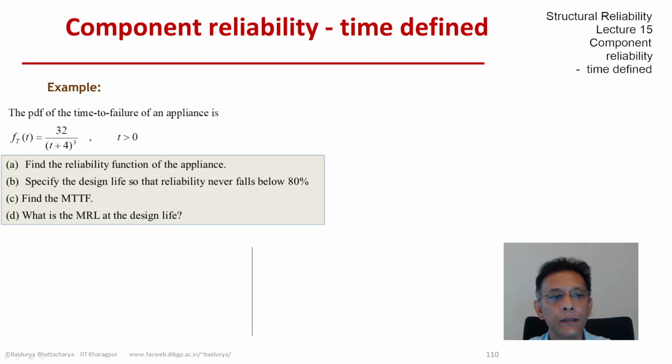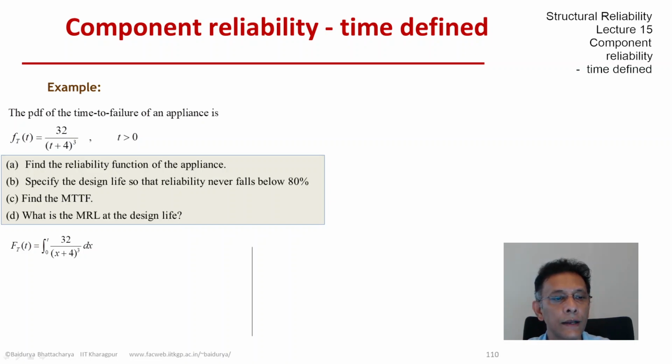First we find the reliability function of the appliance. Let's start with finding the CDF, which is the integration of the density function, which is defined over the entire line from 0 to infinity.